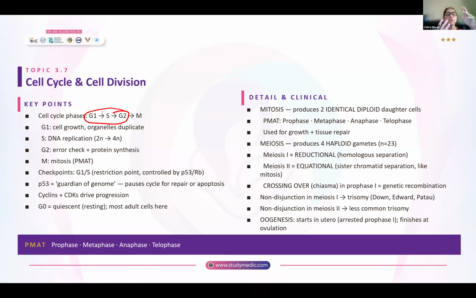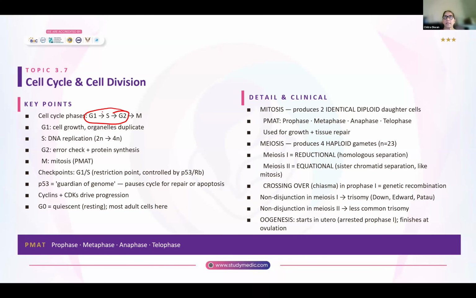So that is why during the synthesis period, DNA has to be replicated so that both the daughter cells get an equal amount of DNA from the parent cell. Then you have G2 or the error check for protein synthesis, and then you have mitosis. For mitosis, there are four phases. The mnemonic is PMAT: prophase, metaphase, anaphase, and telophase.